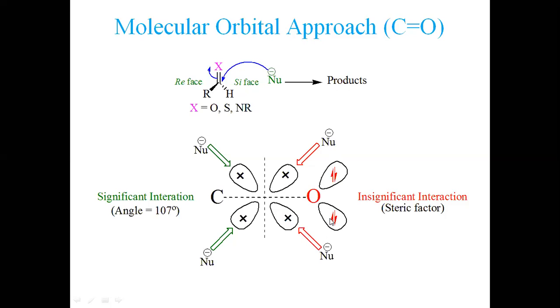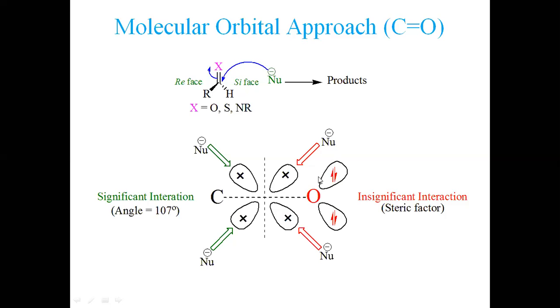Similarly, this nucleophile shall also approach. If it is approaching here, it means it is making a bond with oxygen. Oxygen is already electron rich. Due to this charge separation, it is partial negative, partial positive. So the nucleophile is negatively charged. Oxygen is also negatively charged.